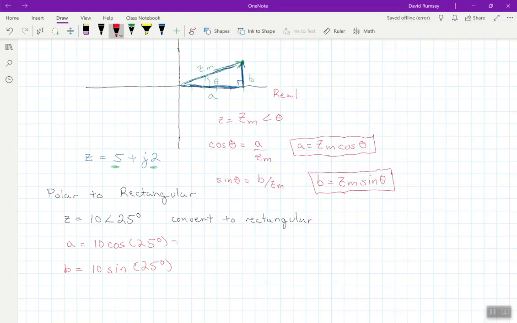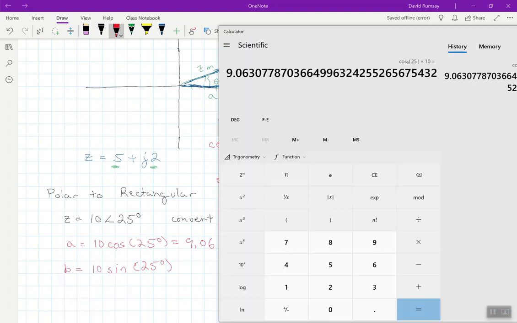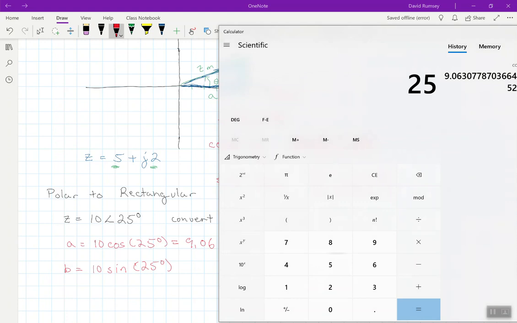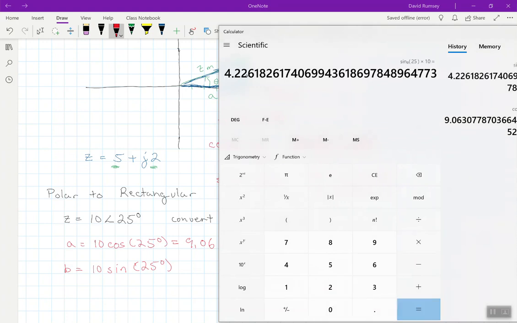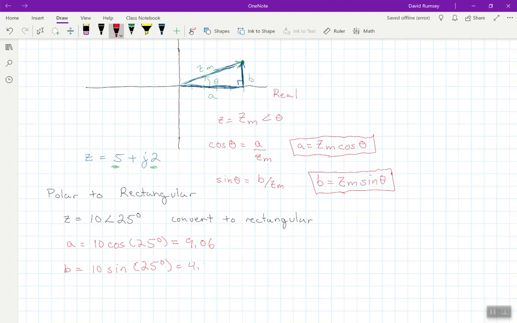Then we need to do the other one. So I'd have 25 sine times 10, and I get 4.23 rounding. In general, I like either 2 decimal points or 3 significant figures.